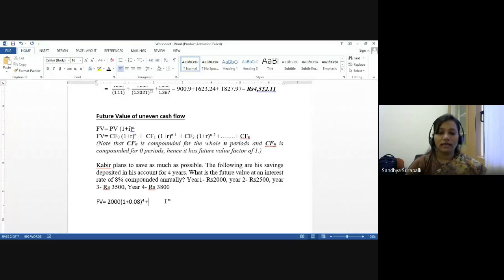Next, second cash flow, 2500. Now, whatever you are earning next year, it will be invested only for 3 years, no? So that is why you are doing 3. That is n minus 1.